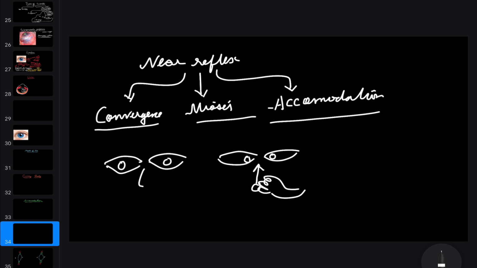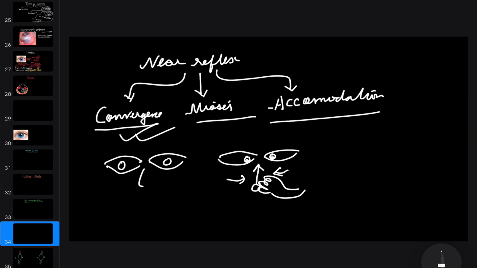So when you're looking at something which is close to you, did you see what happened to your eyeballs? They moved towards the midline. That is, they converged. So convergence is a part of the near reflex because it is a part of the change that occurs in our eyes when we are looking at a nearby object.